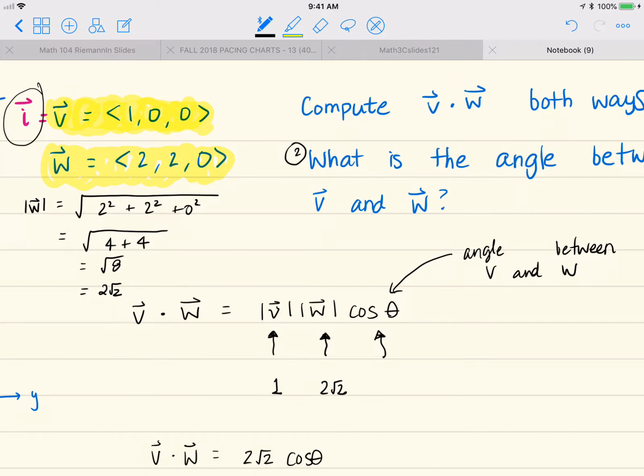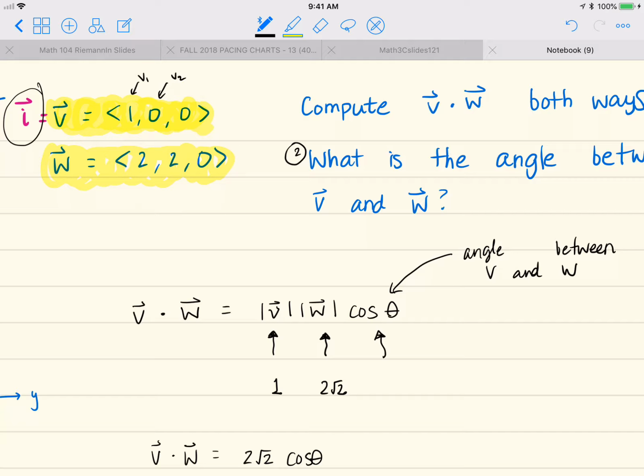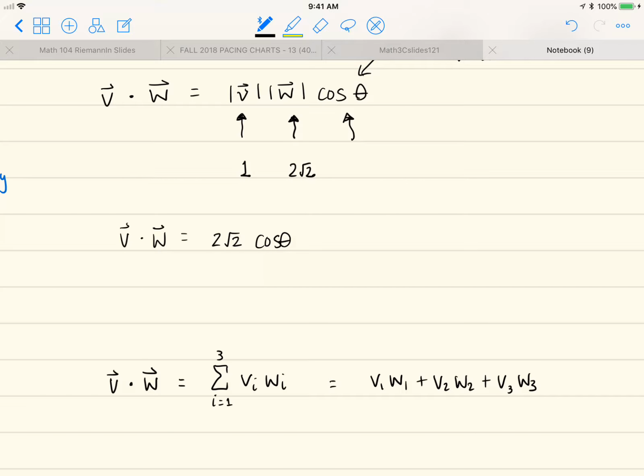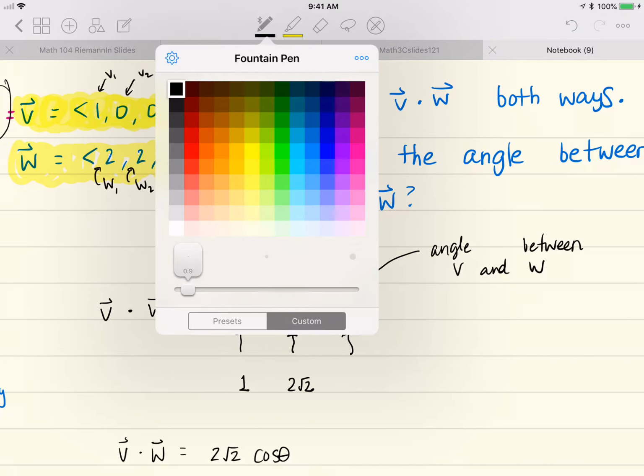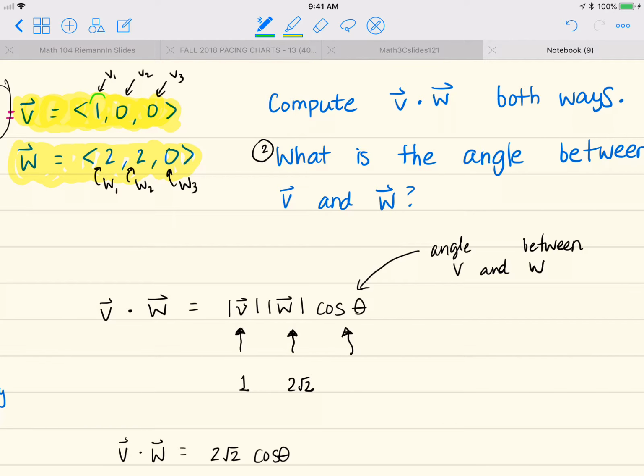Now here I know that v1 is 1, v2 is 0, v3 is 0, w1 is 2, w2 is 2, and w3 is 0. I'm going to take those numbers and plug them in. Basically, to do the dot product, let me show you how I think of it: multiply those together, multiply those together, and then add them up.